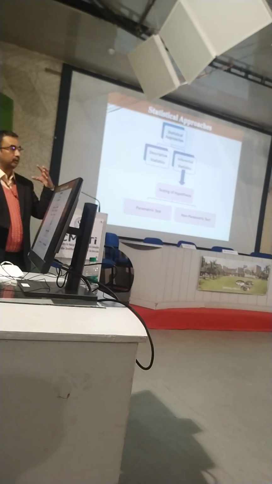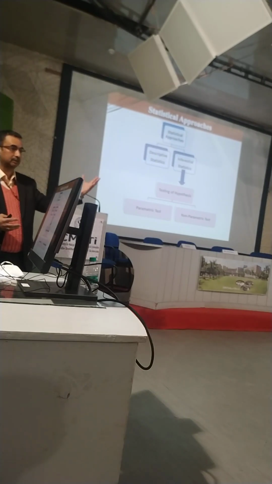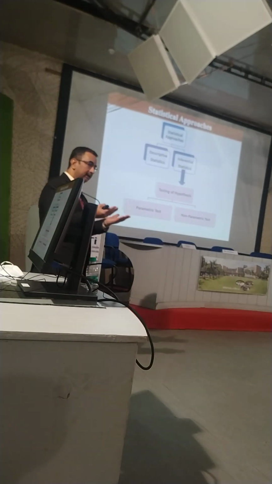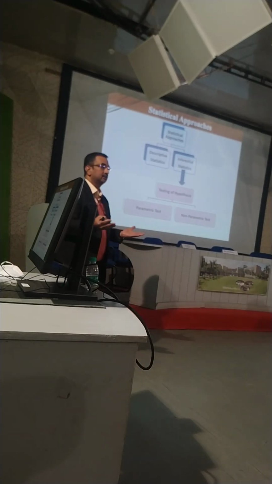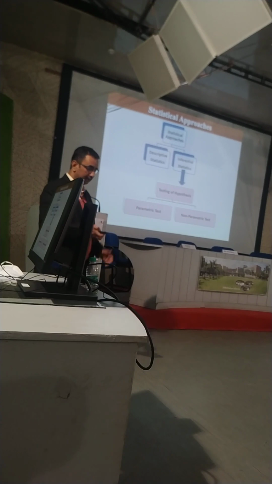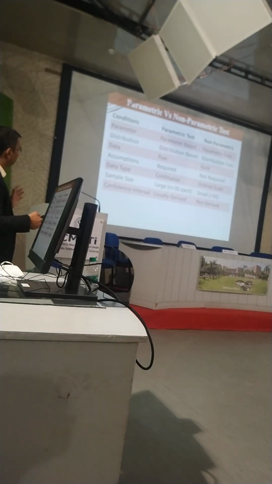A value is varying in the range of 1,000 to maybe 1 lakh or 1,50,000. So it's highly variable data. It's very skewed data. The range or the variance is quite high. Such data is subjected to a non-parametric test because the variability is quite high. So these are the basic conditions.